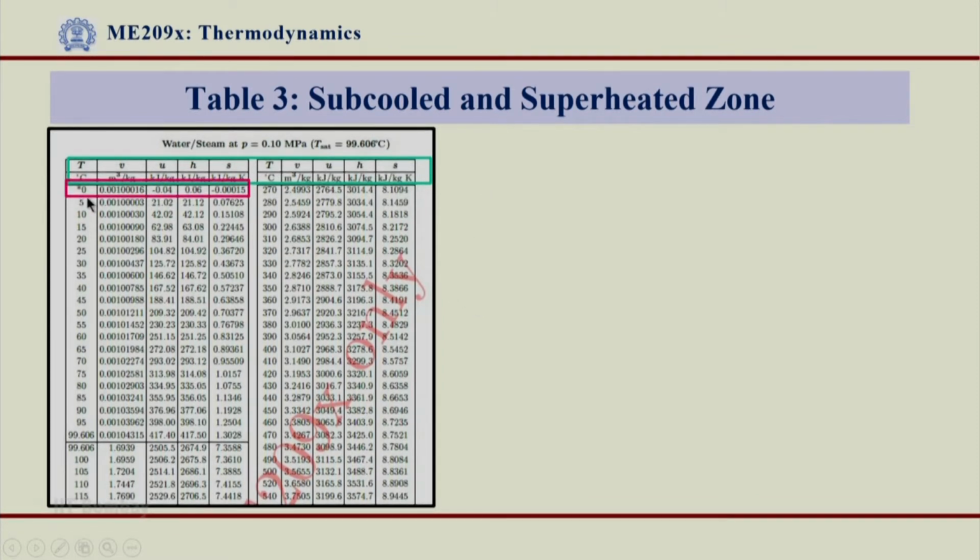Also to be noted, at 0 degree centigrade, this is for pressure of 0.1 MPa. At 0 degree centigrade, we have the properties U and S shown as negative. If you remember, earlier we had said that at 0.01 degree centigrade, the triple point, these values were assumed to be 0 because that was our reference point.